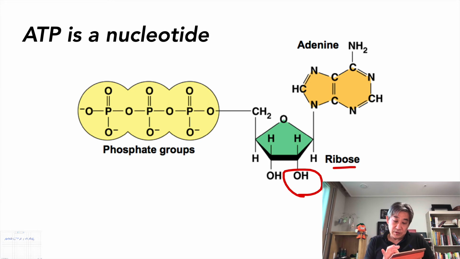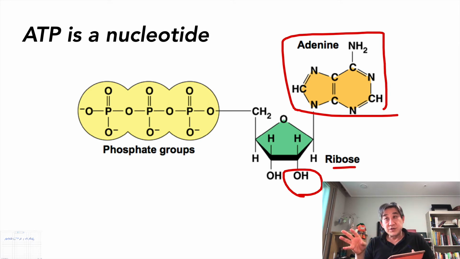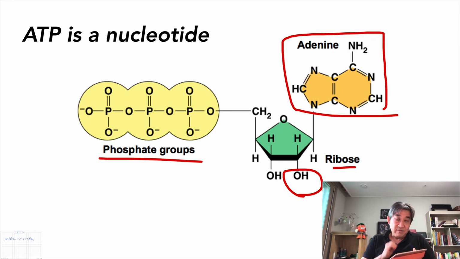So this is ribose, and this is the adenine nitrogenous base, and you have the phosphate group, although instead of one, you have three. So this is one legitimate nucleotide, although it is an RNA-making nucleotide.